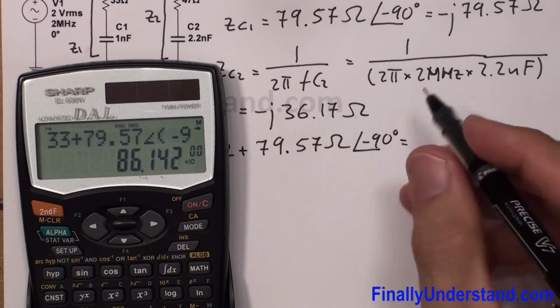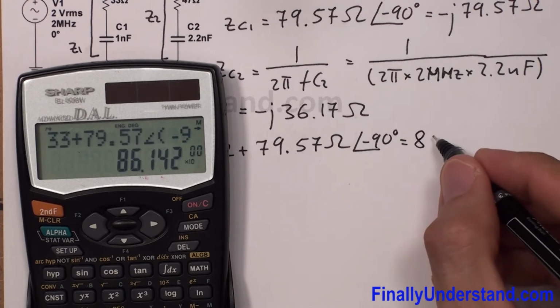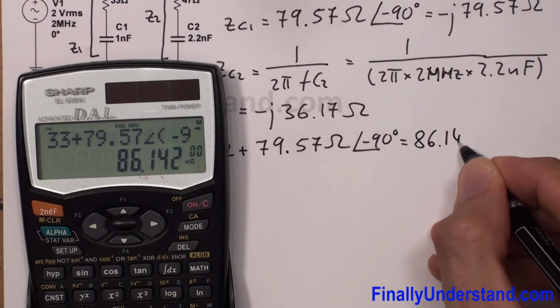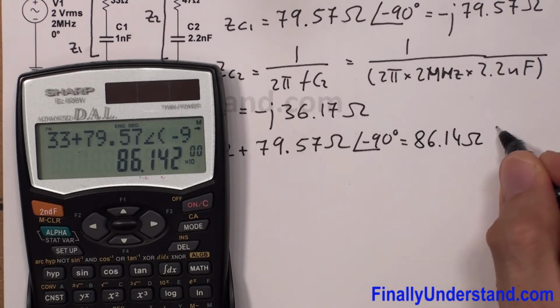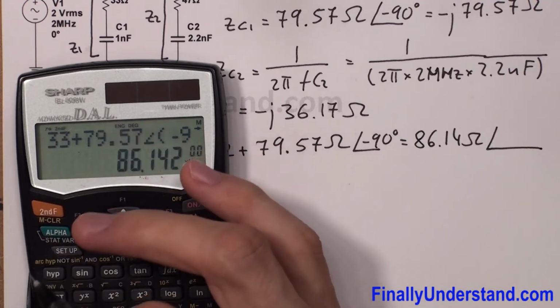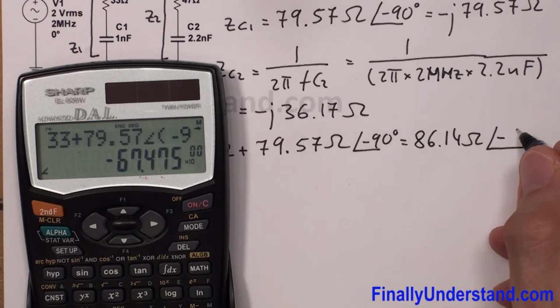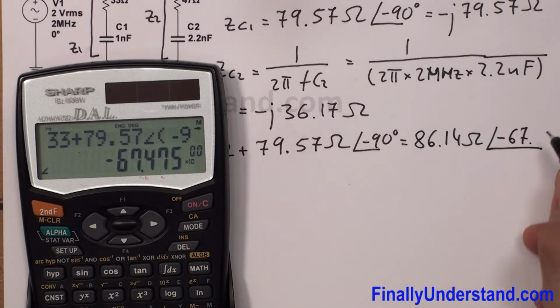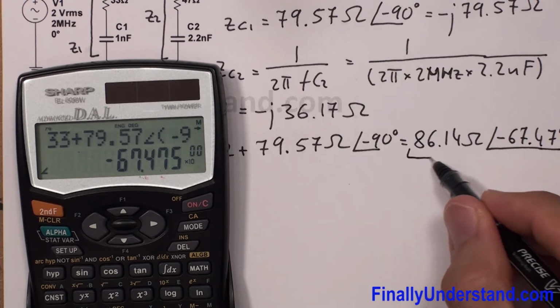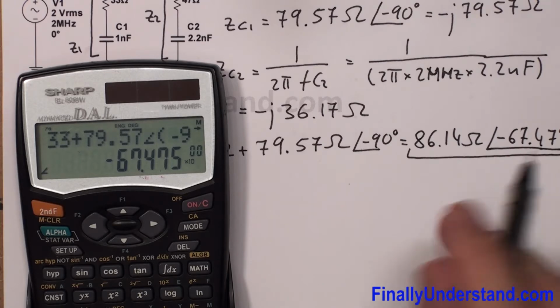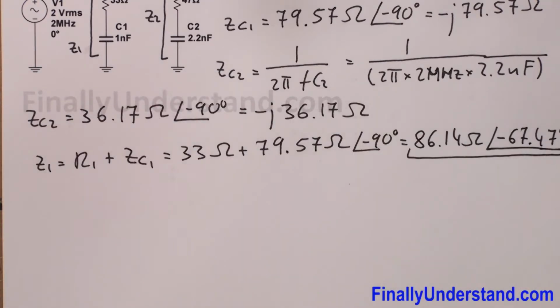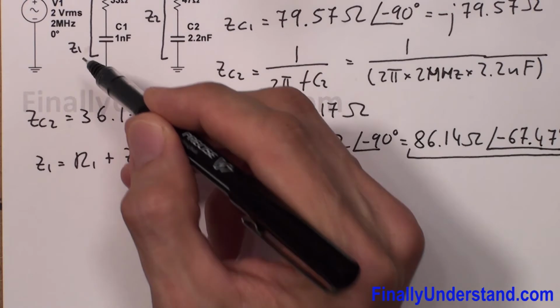This is equal to 86.14 ohms and angle of negative 67.47 degrees. Okay, so this is the impedance of my first branch.